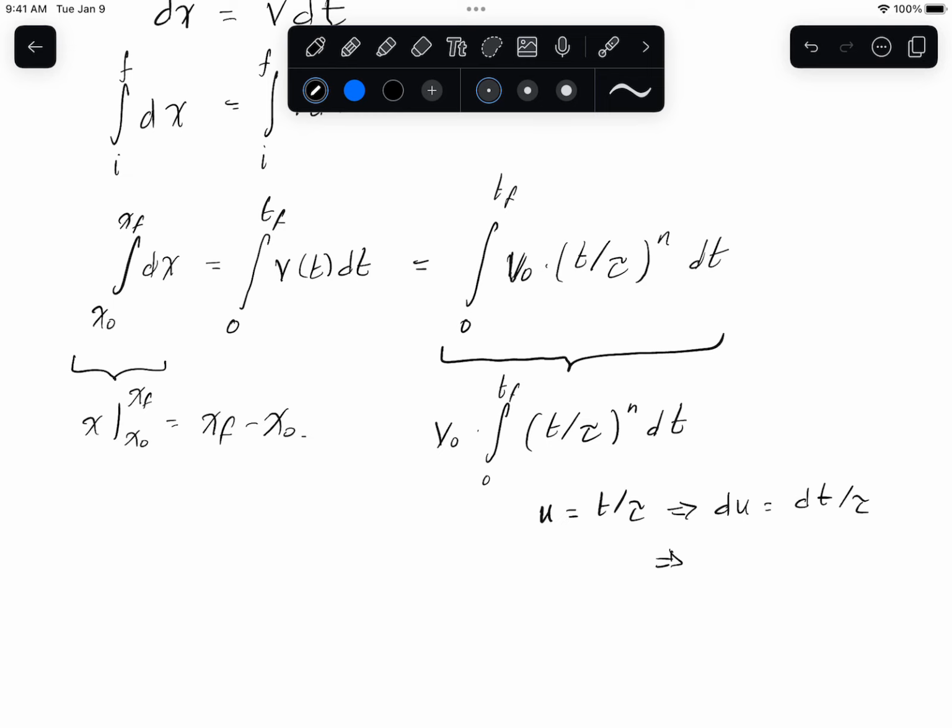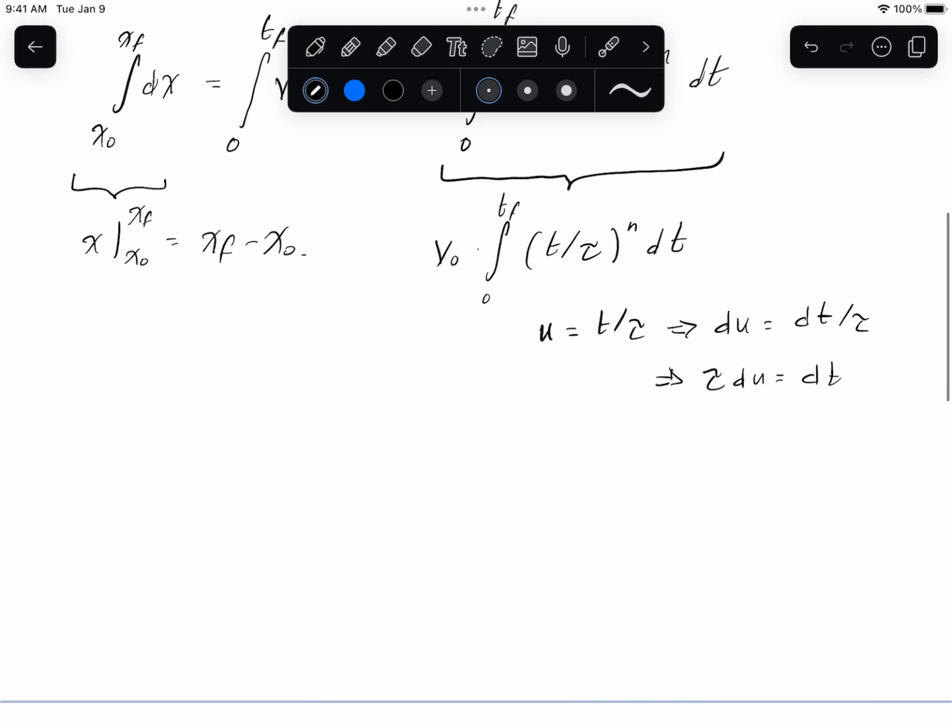In particular, it means that tau du is equal to dt. So with this u substitution, let's call this integral I. This integral I is going to be v naught times the integral. Well, this bit over here is now just u. So I'm going to get u to the n.